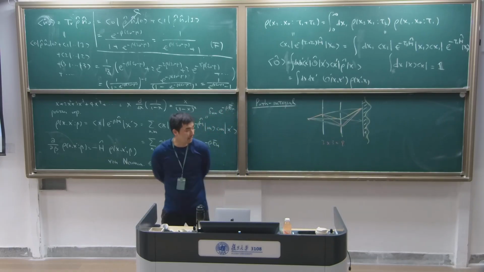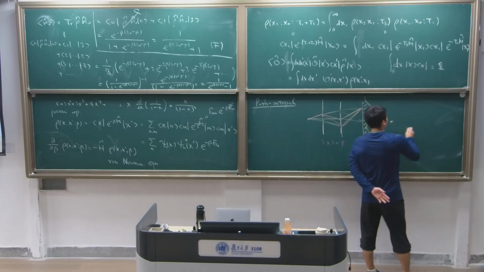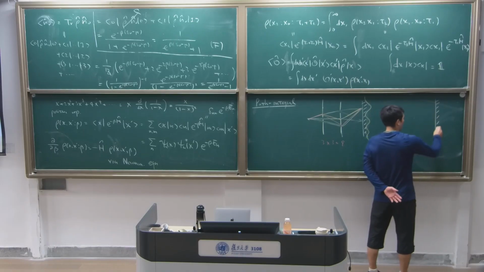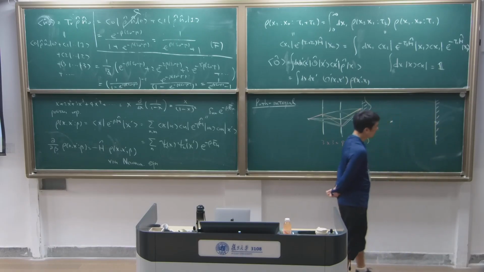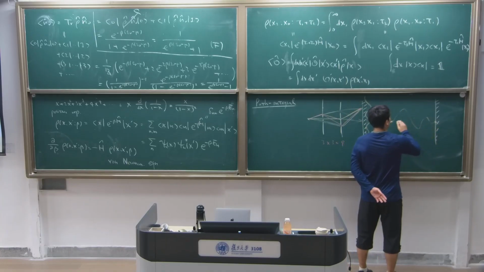So now quantum mechanically, what you need to consider is all possible paths from the source to the target. If you consider this point, you need to consider all possible paths, if you consider infinitely many slits and infinitely many holes.